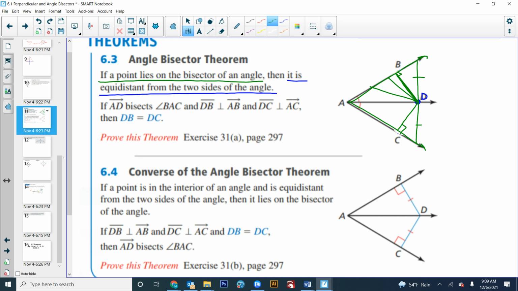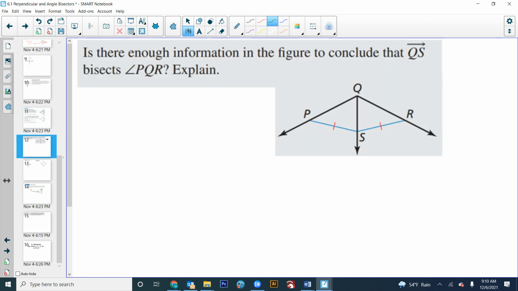Yes. Then it is equidistant from the two sides. Okay. Well, what if D is equidistant to the two sides somewhere else? Is D still on the angle bisector? Yeah. So, do you agree these are not the perpendicular segments that connect those?